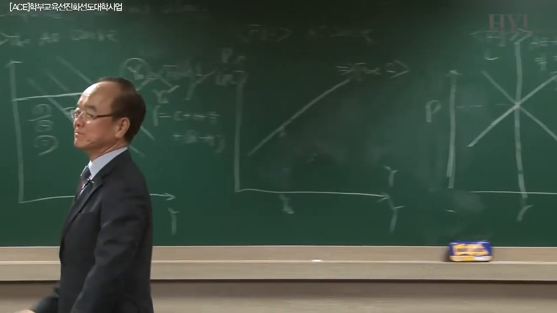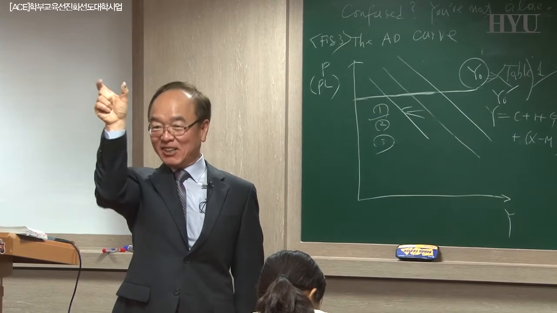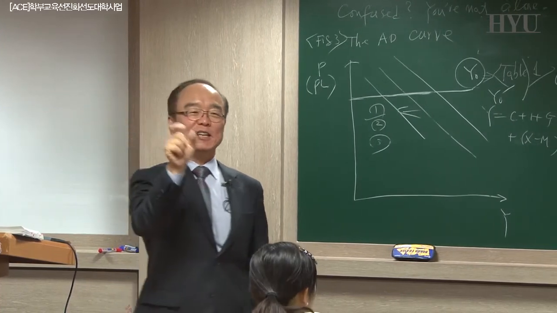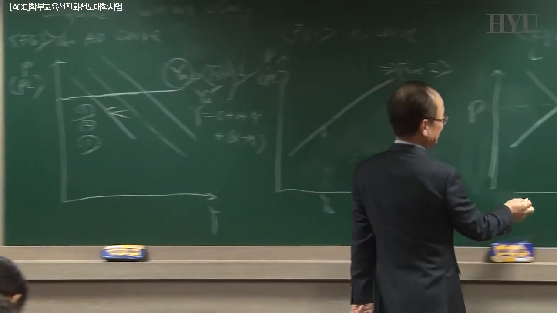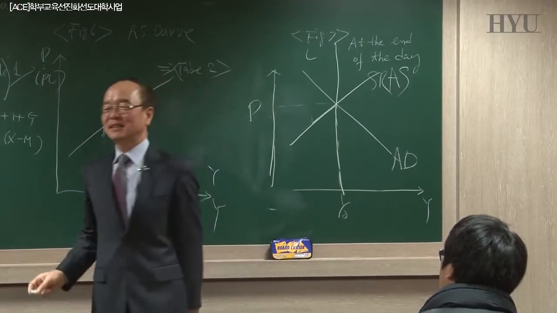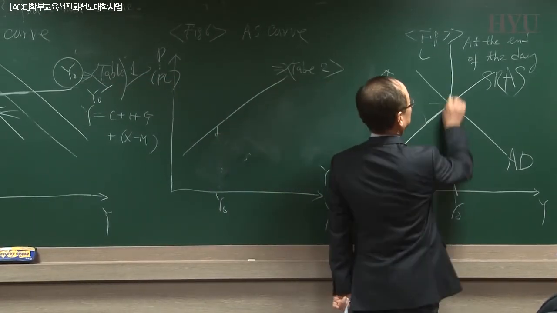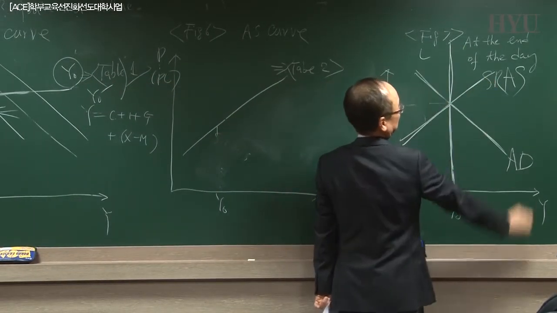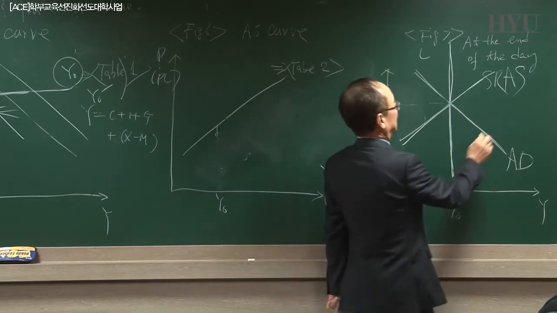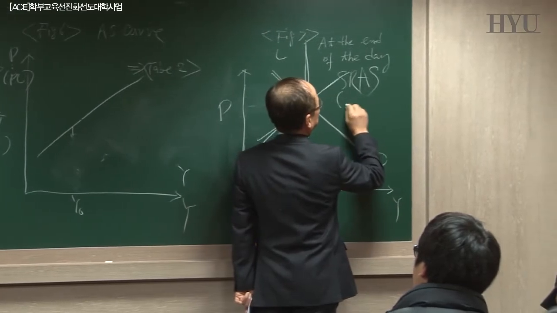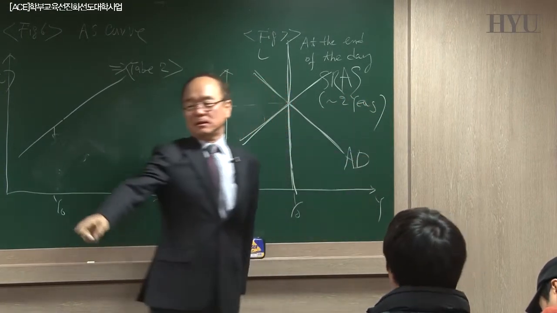One more time, our interest is in partial equilibrium analysis, from one equilibrium to another. Initially, we assume this is Y0, and the system is in equilibrium: long run equilibrium here, and short run equilibrium here, same story. This is only for shorter than 2 years, according to Mankiw.